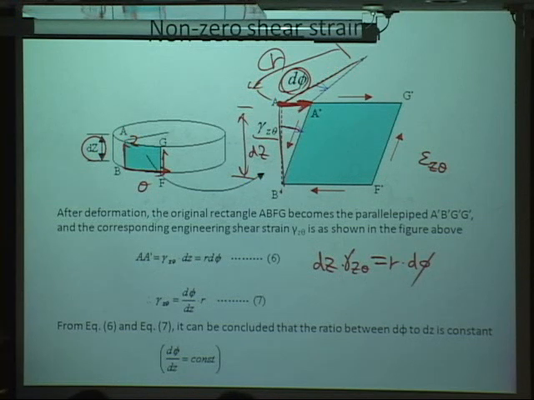So gamma z theta is simply d phi over dz times r. Remember that gamma z theta is given as what? C times r. Do you remember that?